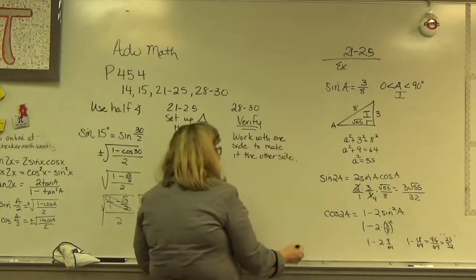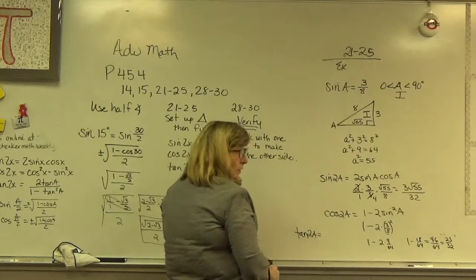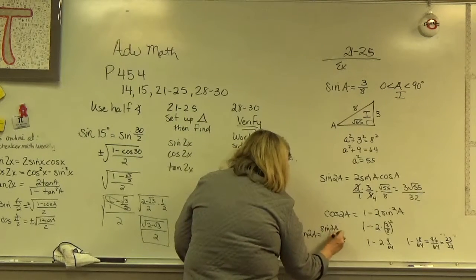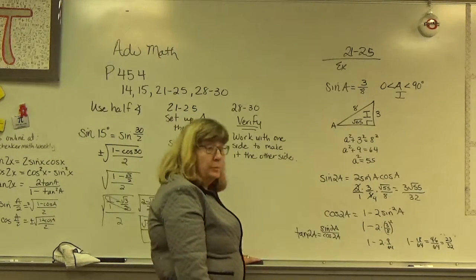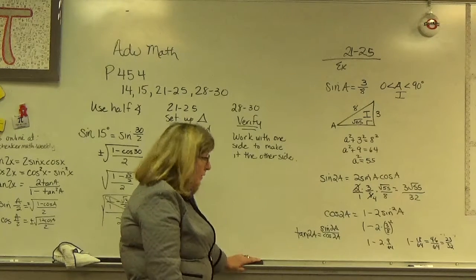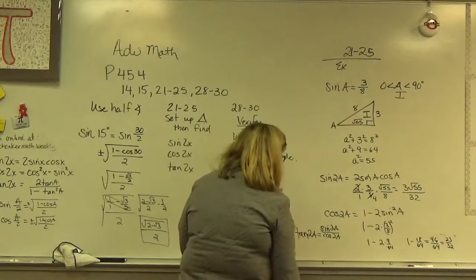Now we want to find what? Tangent. How can you find the tangent? What do you got for sine? Sine divided by cosine. Now, could you use the formula? Yes. But we can also just use the division. So what's the sine of a double angle?